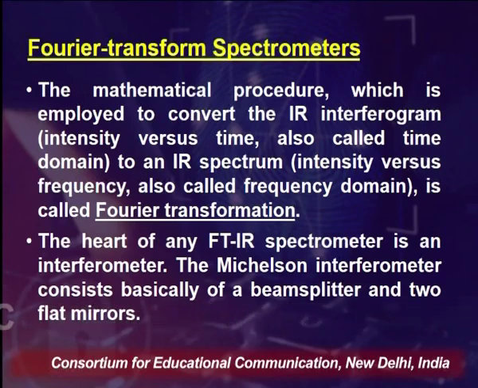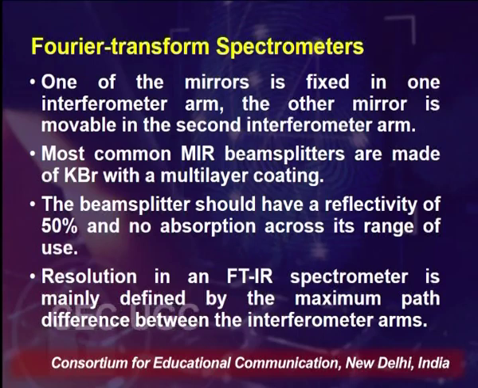The heart of any FTIR spectrophotometer is an interferometer, and the Michelson interferometer consists basically of a beam splitter and two flat mirrors. In FTIR, there is a fixed mirror in one interferometer arm, and the other mirror is movable in the second interferometer arm.